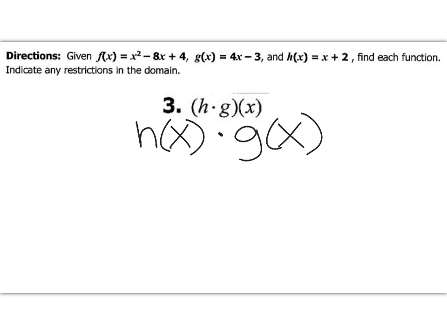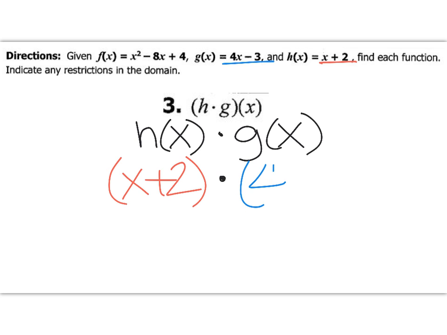Then the next thing we want to do is substitute in what h of x equals and what g of x equals. So we know h of x equals x plus 2. Substitute that in for h of x, times g of x equals 4x minus 3.